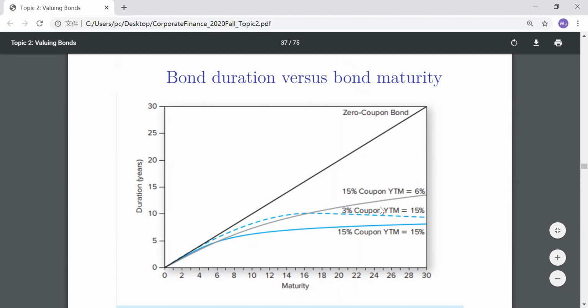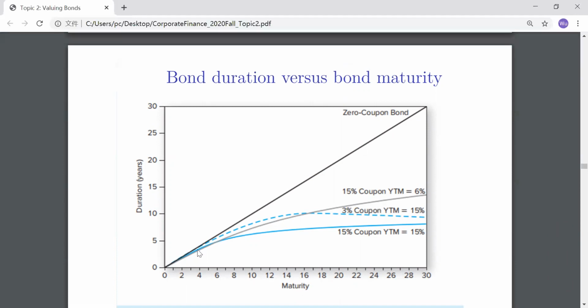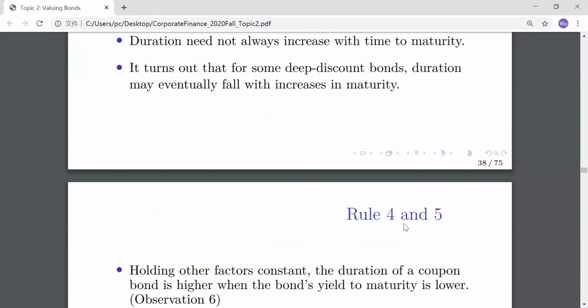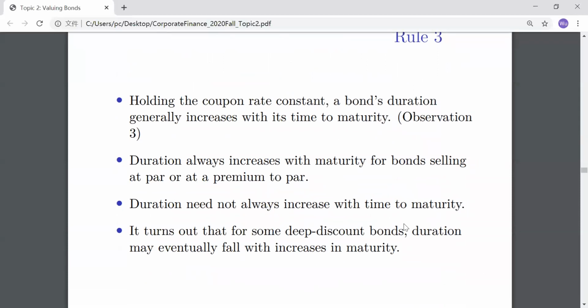But remember, the speed of increase is actually slower and slower. That's also our previous observation: duration increases with maturity, but with a decreasing speed. And that is because the price yield curve is convex. So this all goes back to the previous observation.